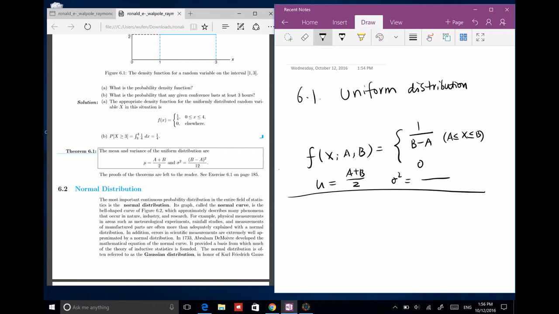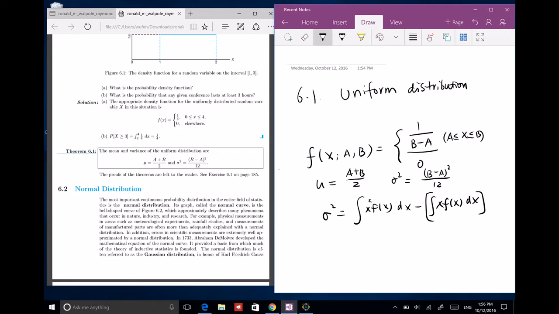The variance sigma squared is (b minus a) squared over 12. You find it by taking the antiderivative and using the formula sigma squared equals the integral of x squared f(x) dx minus the square of the integral of x f(x) dx.